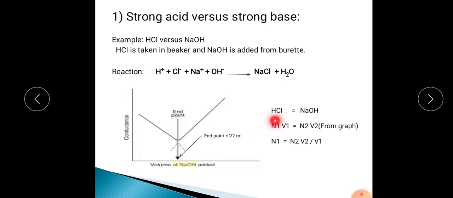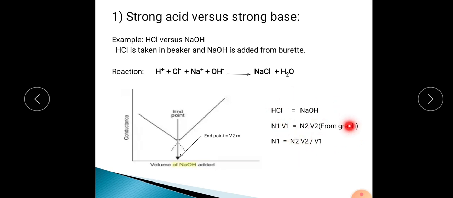So N1 is unknown as it is our sample. V1 will be known as whatever amount is taken will be measured. N2, the normality of NaOH, will be known because it is standard, and V2, the volume of NaOH, will be obtained from the graph. So with this we can find out N1, the normality of HCl, as N2V2 by V1.